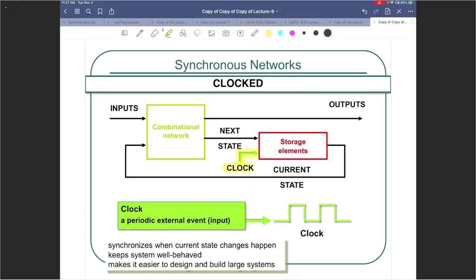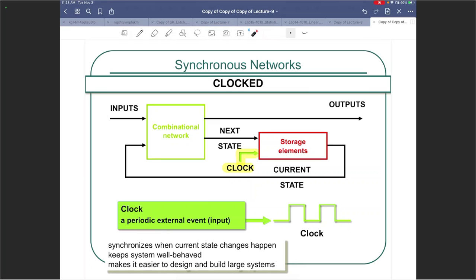What is a clock input? Well, it's a periodic external event, right? And this is generally generated using a crystal oscillator, for example, 100 megahertz. What is that? A square wave that is periodic, is low, high at that particular frequency. Why do you need it? Because you can keep every event in a particular design in sync with a master timing event, the clock, right?